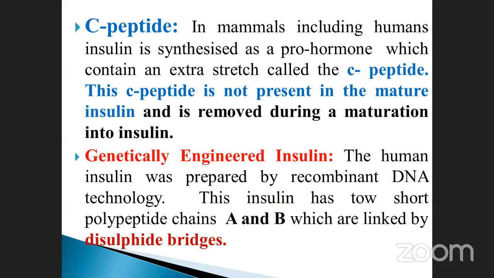So what is meant by humulin? Humulin. Any idea, my dears? Ajay? What is meant by humulin? No, sir. What about Dhanalakshmi? Do you know that one? No, sir. Okay. Humulin is nothing but insulin artificially synthesized in the lab, with a structure similar to that of human insulin.